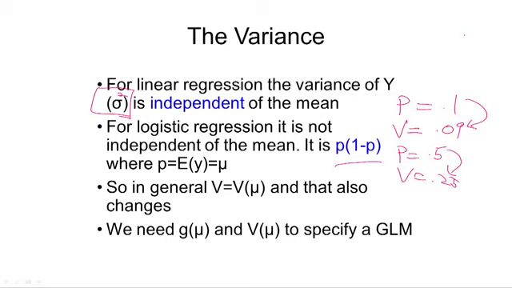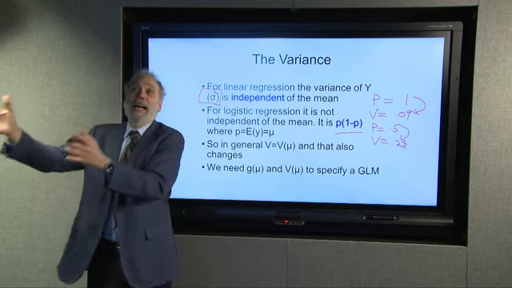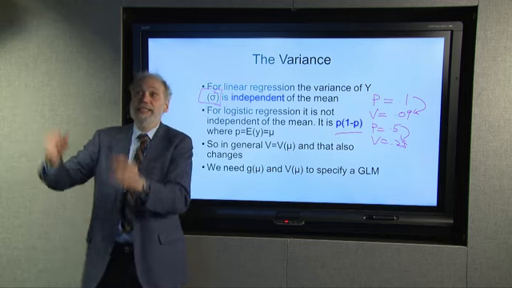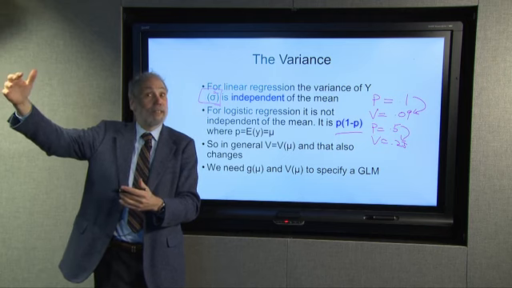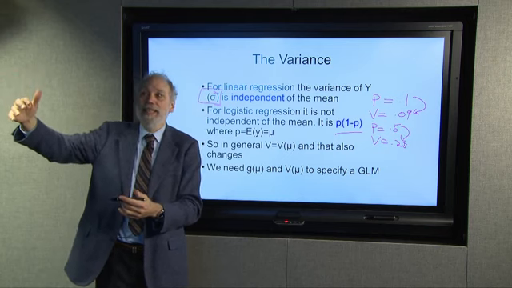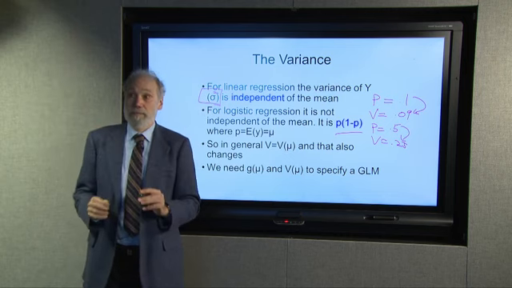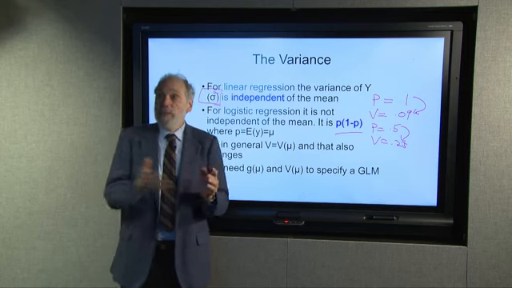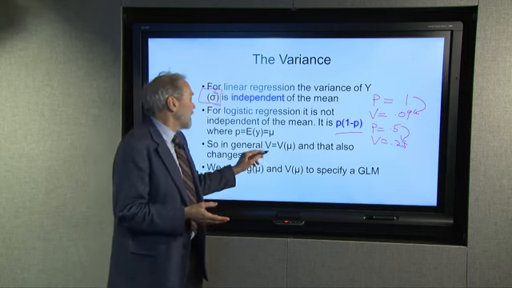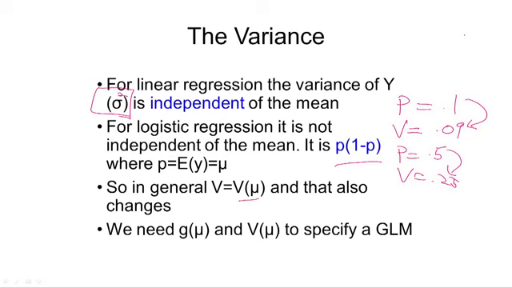So if I have a high prevalence of some outcome, I'm at, say, the high end of my predictor's range, and so they're predicting, yeah, there's a pretty good probability of this thing happening, the variance around that is going to be bigger. So in general, the variance is some function of the expected value, because mu is p for binary data, okay?